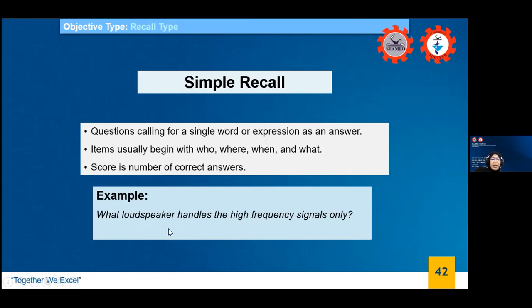Look at the example here: what loudspeaker handles the high frequency signals only? So you just ask them to remember, then they will give you the answer. Is this clear, everyone? Yes, clear, Professor. Okay, thank you.